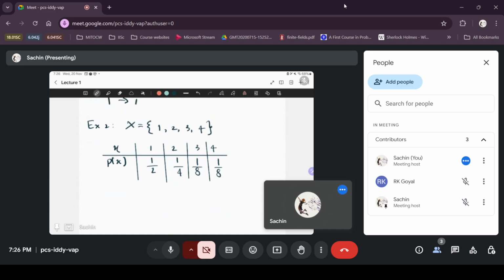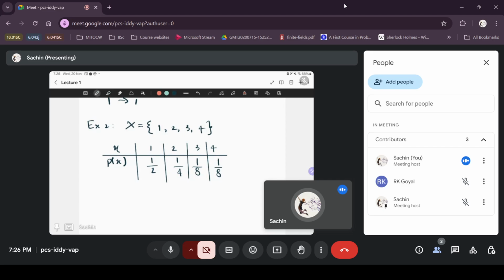Yeah. So instead of the information contained in the information, yeah. So it will give you the average number of bits.